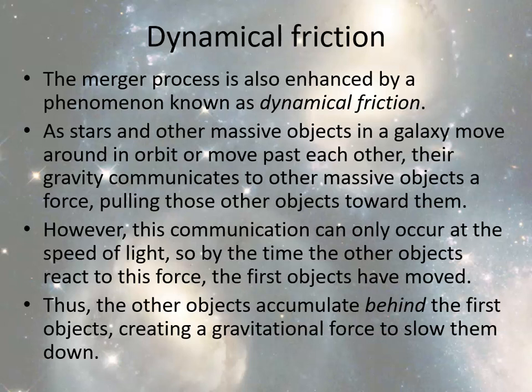So what happens is, as they go by each other in their first pass, the tidal forces end up dragging material behind, and that material from one galaxy that gets dragged behind ends up slowing it down, as opposed to just drifting by and deflecting due to the interaction.